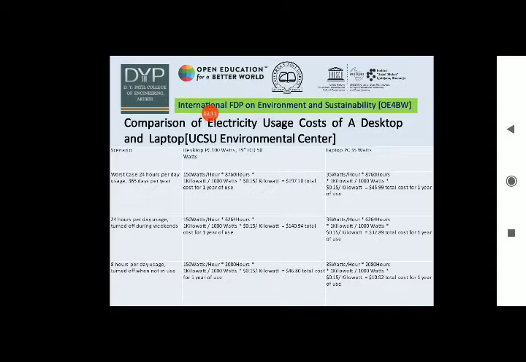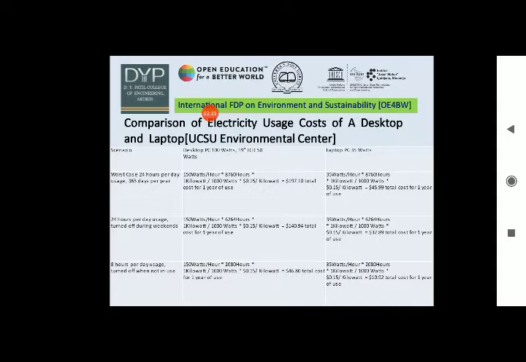Now the second scenario: 24 hours per day use, but turned off during the weekends. Then it consumes 150 watts, equivalent to 6264 hours, and the total cost will be $140.94 for 1 year of use.